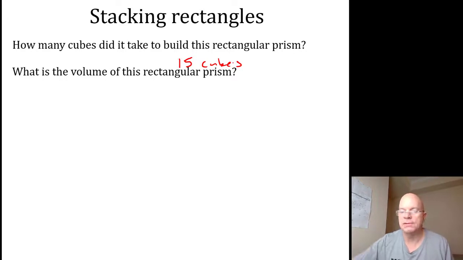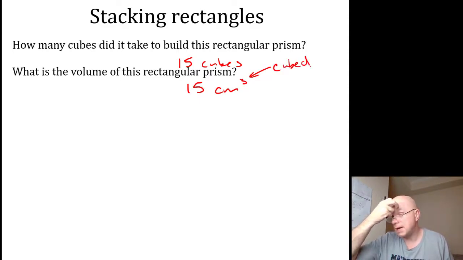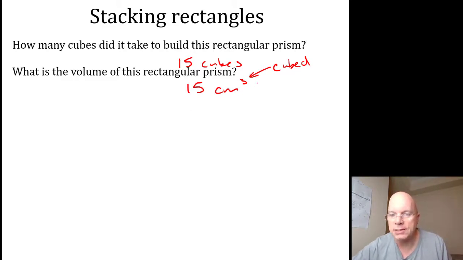So the volume is 15, not centimeters squared, but centimeters cubed. And this is why when we say to the third power, it's called cubed, because it's literally made up of cubes. How many cubes of three-dimensional space? That's also why it's 3D.